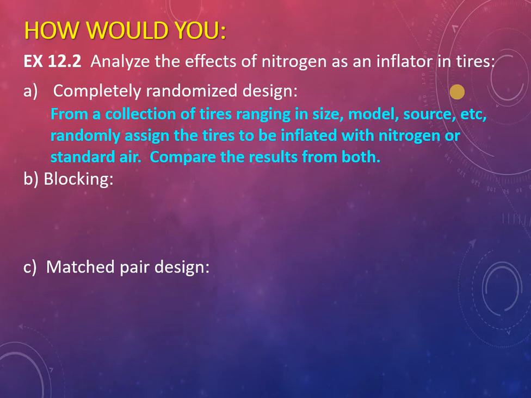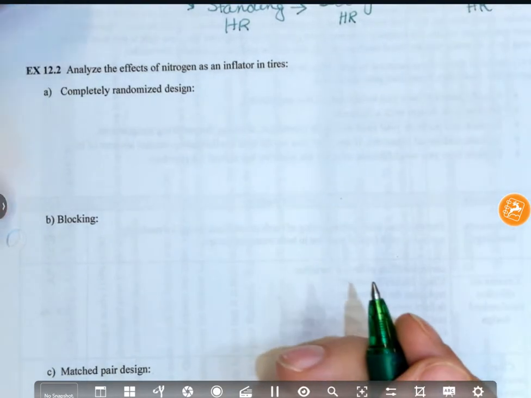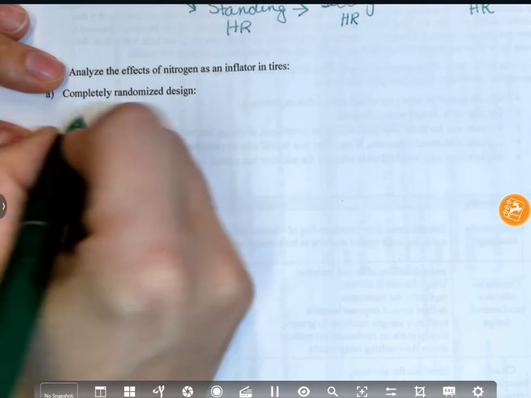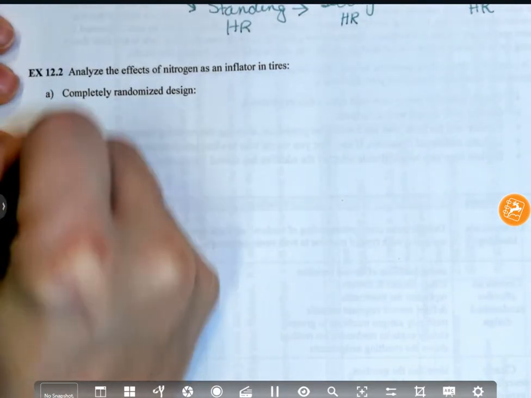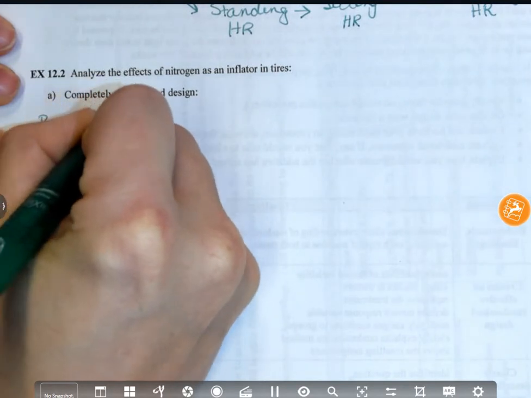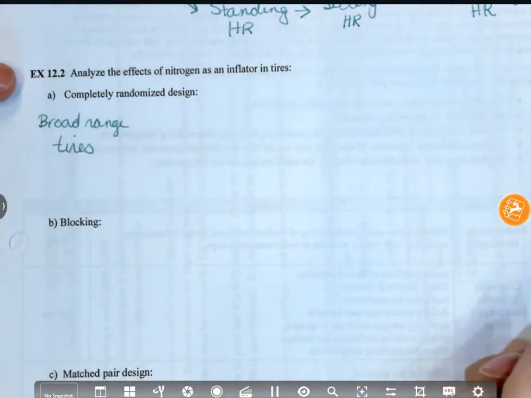But basically, for completely randomized design, here are the words for it. I kind of like pictures. So what I would say for completely randomized design, I would say tires, and I would say a broad range, because there's Michelin, there's Continental, there's Costco brand, which is where I get my tires.